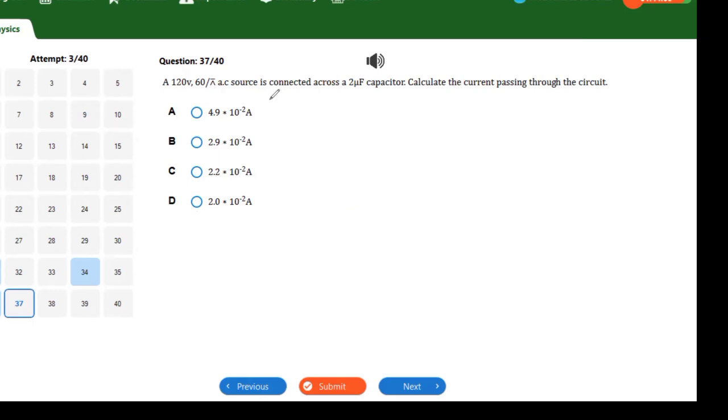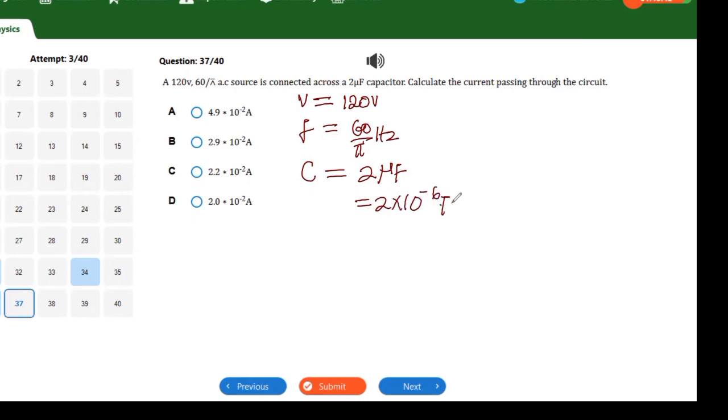We have the voltage as 120 volts, the frequency is 60 over pi hertz, and the capacitance is 2 microfarad, which is 2 times 10 raised to power minus 6 farad. So you're looking for the current.